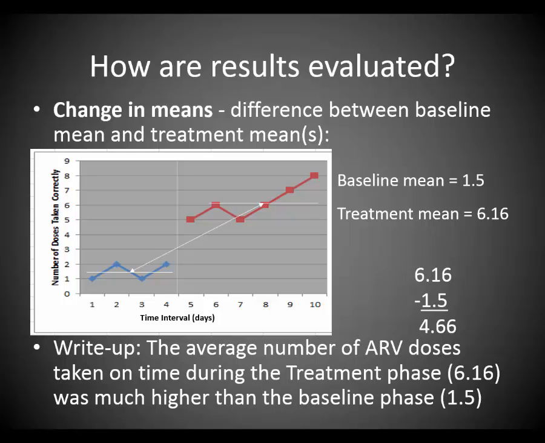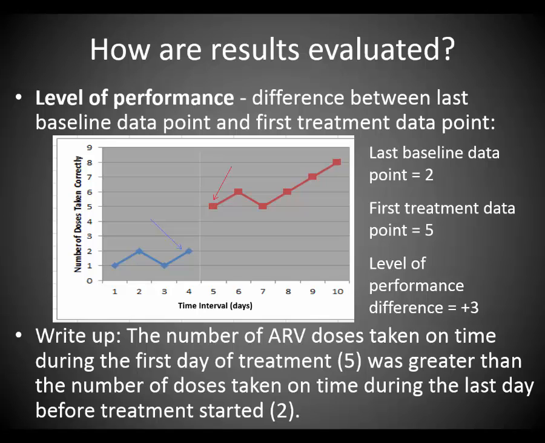A second way in which we can evaluate our results is by examining levels of performance. And level of performance simply refers to the difference between the last baseline data point, so the last data point in the blue phase or on the blue line, and compare this to the first treatment data point or the first data point on the red line.